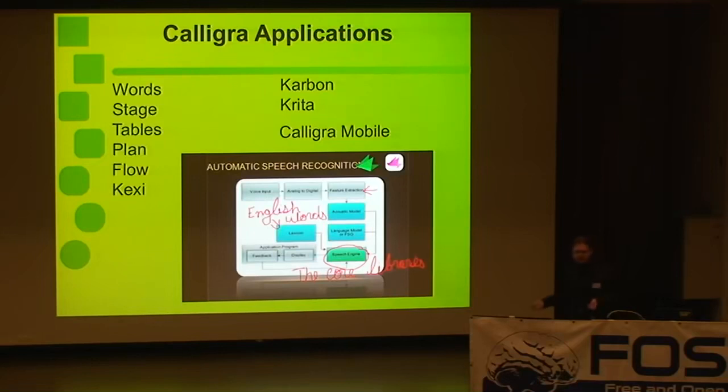The maintainer was too busy, no development done anymore. But these days we've got a new guy working on Flow. He is Yue Liu, he's from Beijing, and he will join us at our next Calligra developer sprint. So there's a really good chance that this application will be back in the next release. And then Kexi, it's a database application. It's kind of like Microsoft Access, but cool.